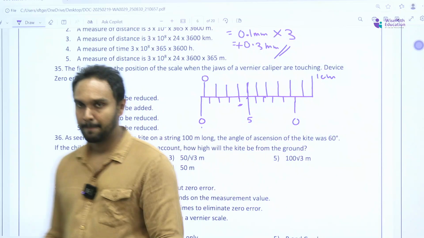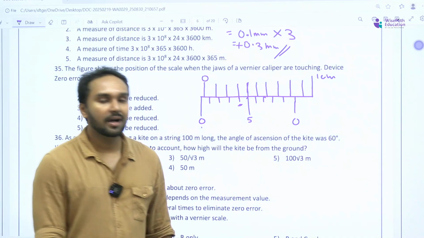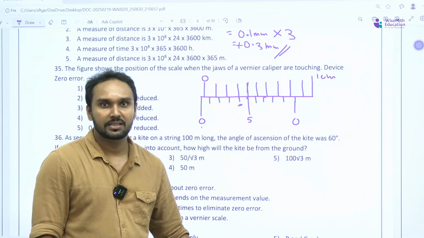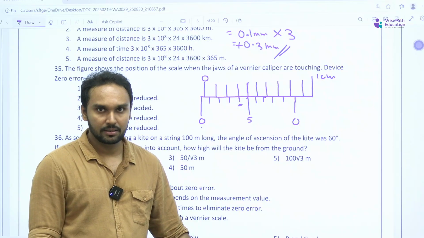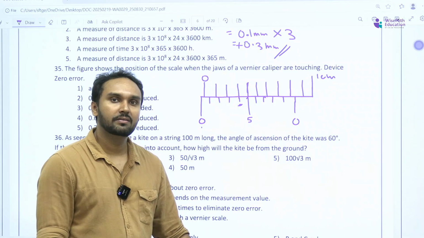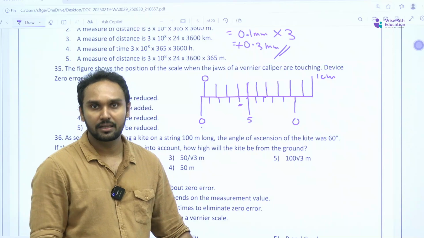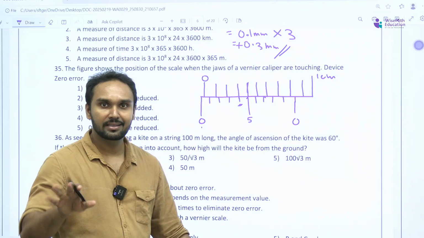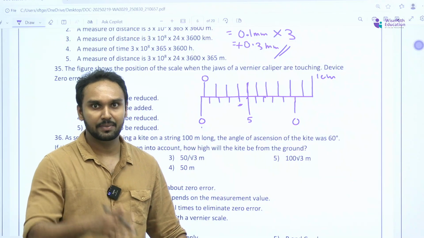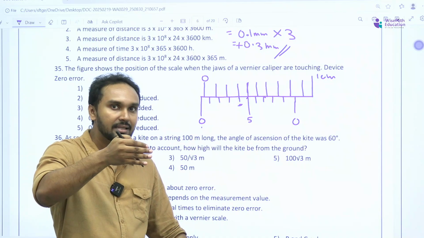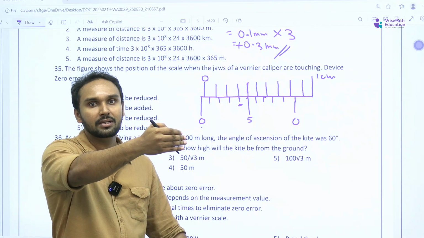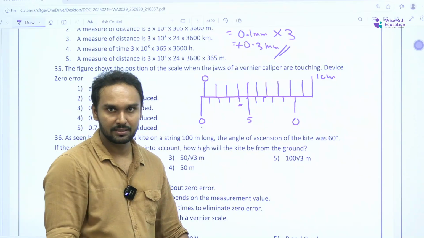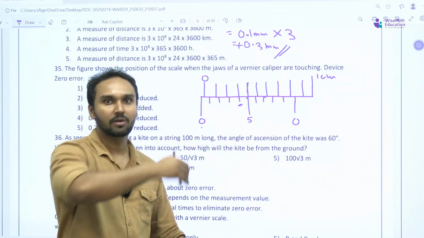And if you remember, if it is a negative 0 error, you can't take the error as we did in the previous question, right? In a positive 0 error, it's the same way that you take a reading. But when it comes to a negative 0 error, you can't take it the same way, because the lines have aligned coming back, not moving forward.